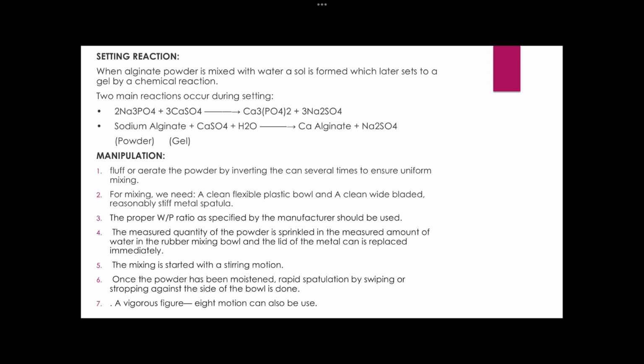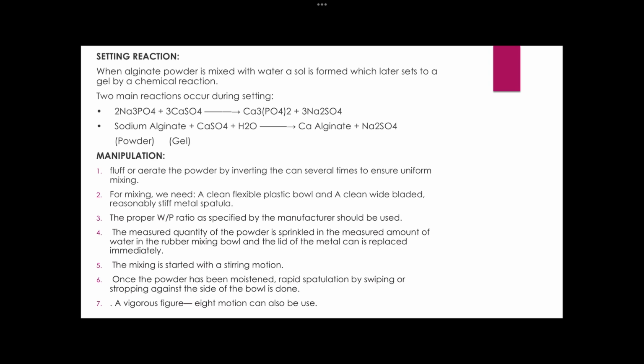Sodium phosphate reacts with calcium sulfate and forms calcium biphosphate and sodium sulfate. So in this process, the entire sodium phosphate gets used, but some amount of calcium sulfate remains. Now the calcium sulfate, as you can see in the next reaction, reacts with sodium alginate and water to give calcium alginate and sodium sulfate. Okay.